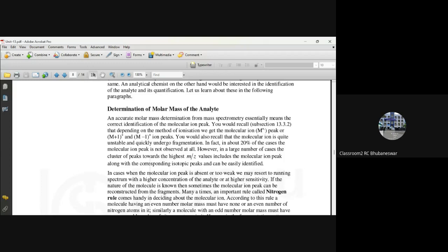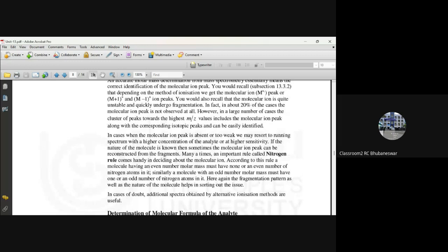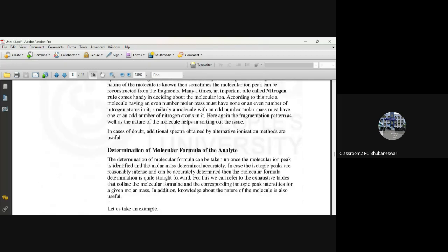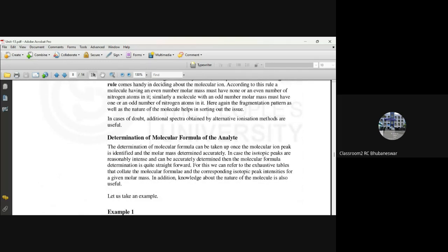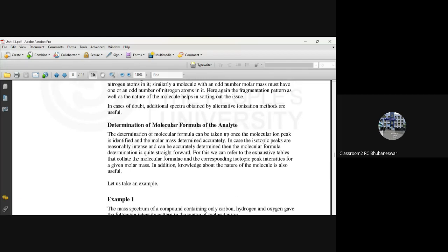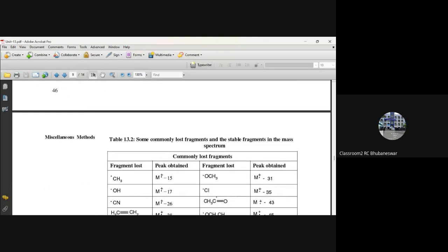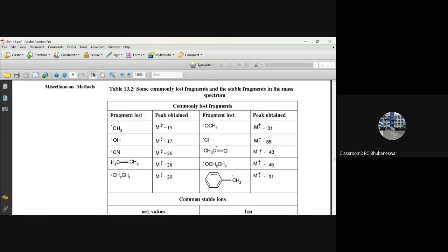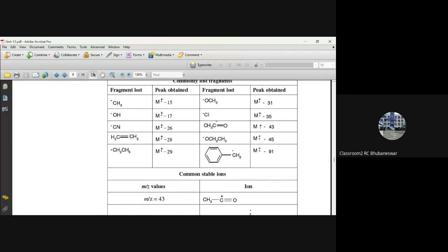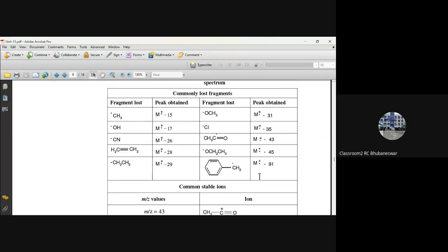You will be getting a base peak, or a molecular ion peak. Near to that you have to calculate which spectrum it may be, and you can predict what type of molecule it is.